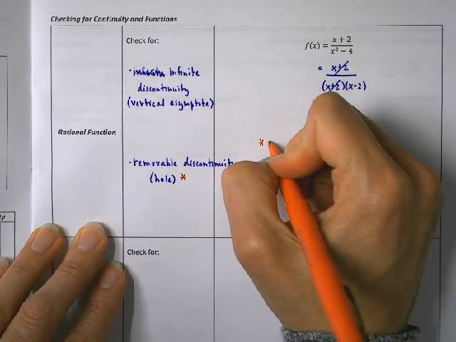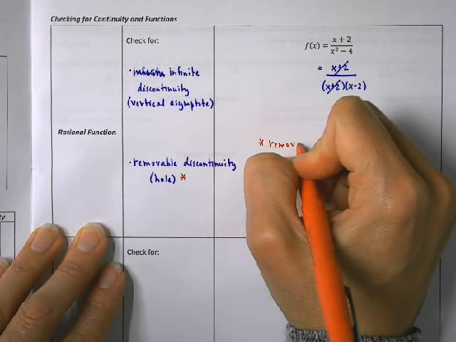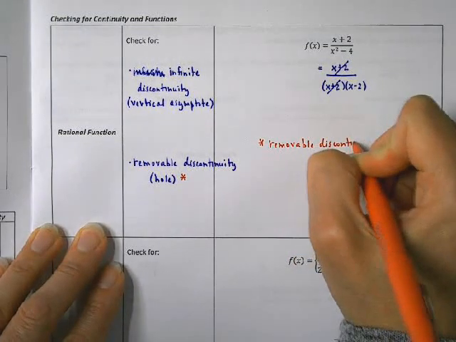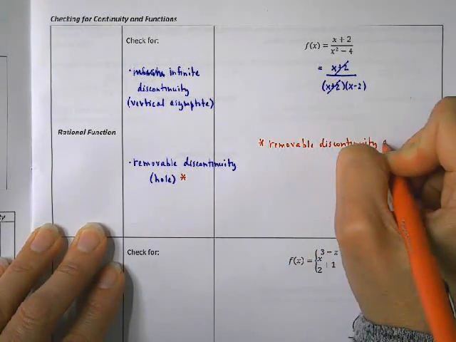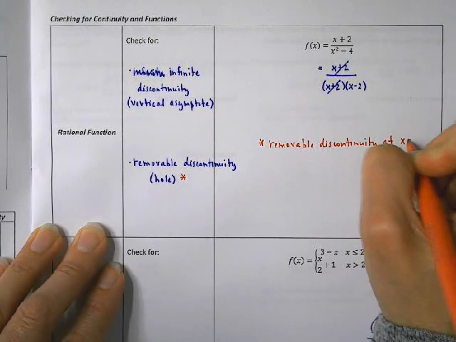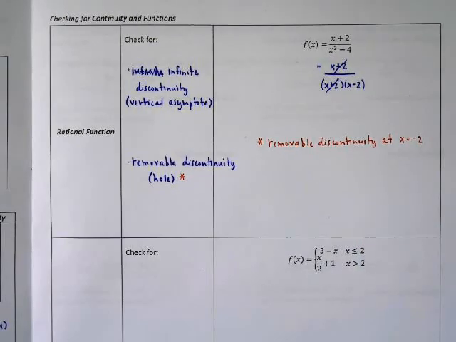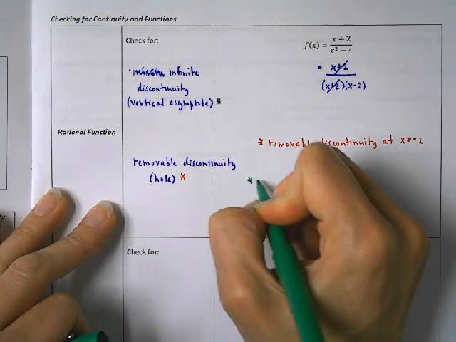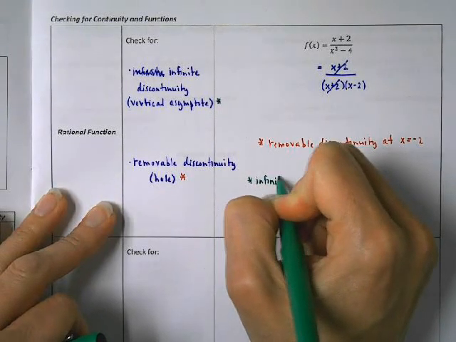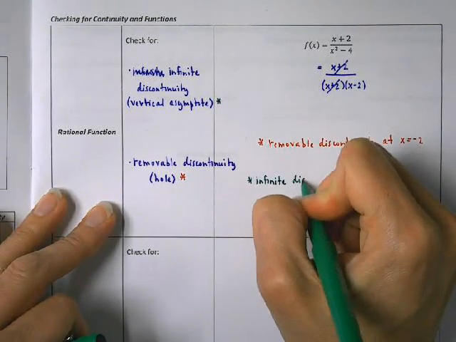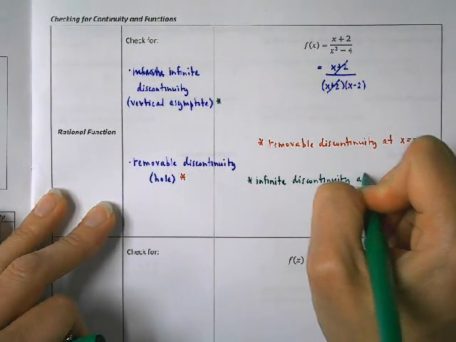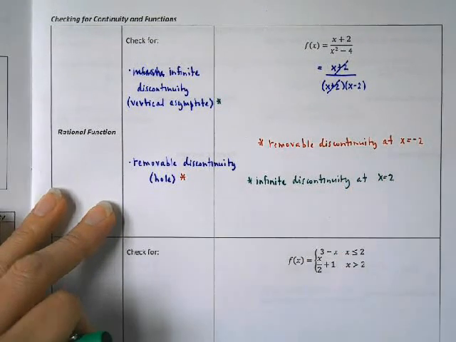I have a removable discontinuity at x equals -2. Now, because this did not cancel, I also have an infinite discontinuity at x equals 2.